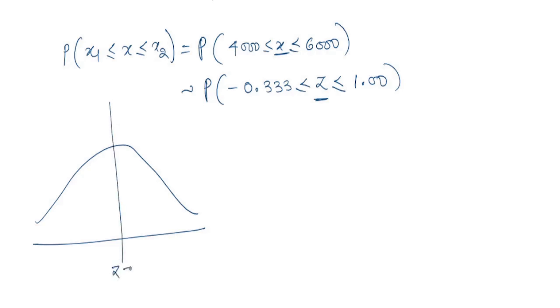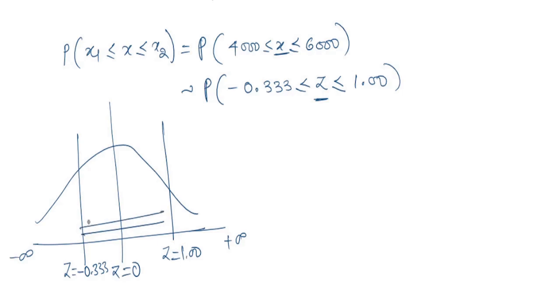Let us represent this using the diagram, using the normal distribution curve. Here z is equal to 0 and this is z is equal to minus 0.33. Negative values will be on the left hand side and positive values on the right hand side of the z is equal to 0 line. Now the required area is between two lines. Let us represent z1 and z2. This is the required area.